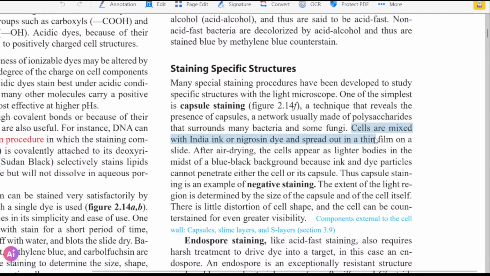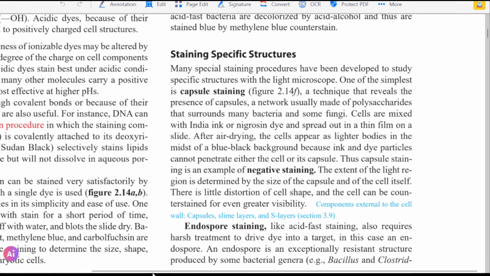Cells are mixed with the India ink and the nigrosin dye and spread out in a thin film on the slide. So wait, is it the same dye or a different dye? India ink or nigrosin dye?